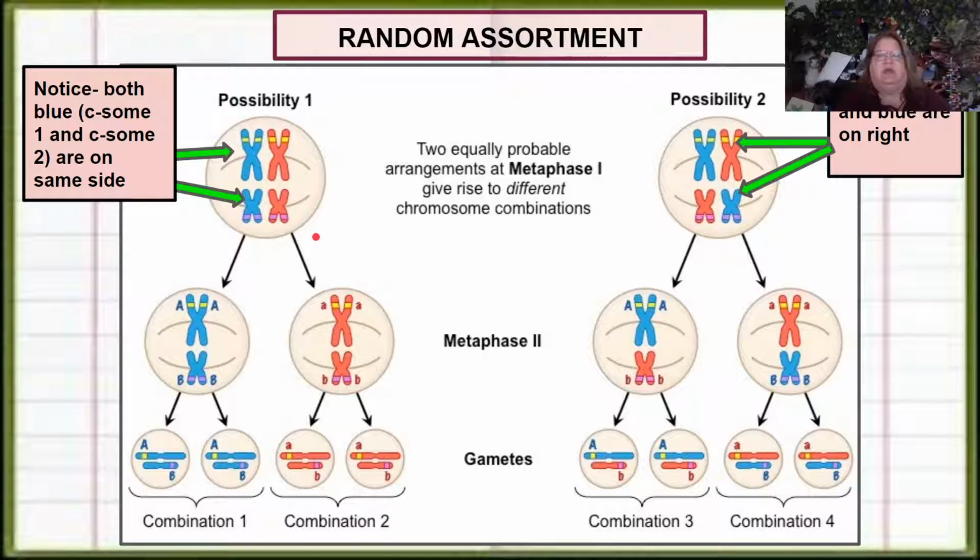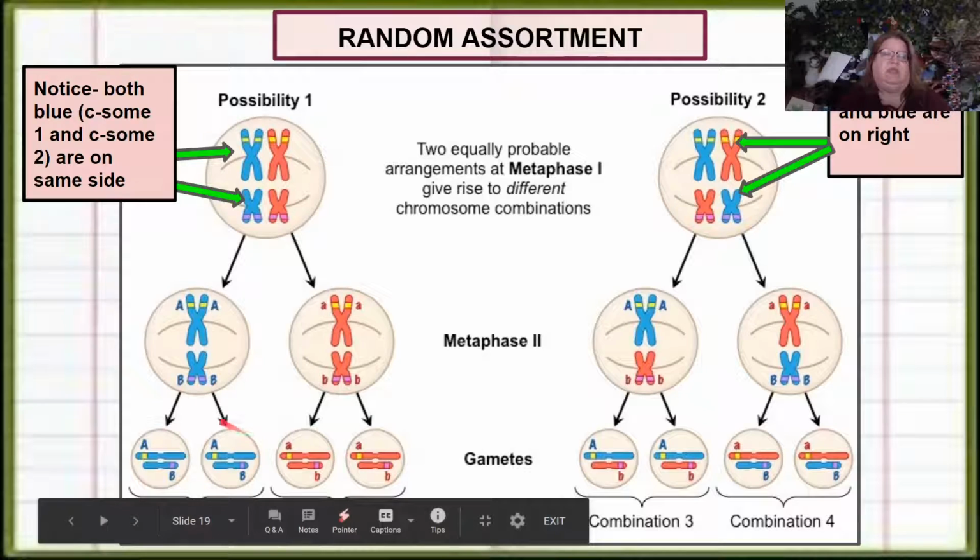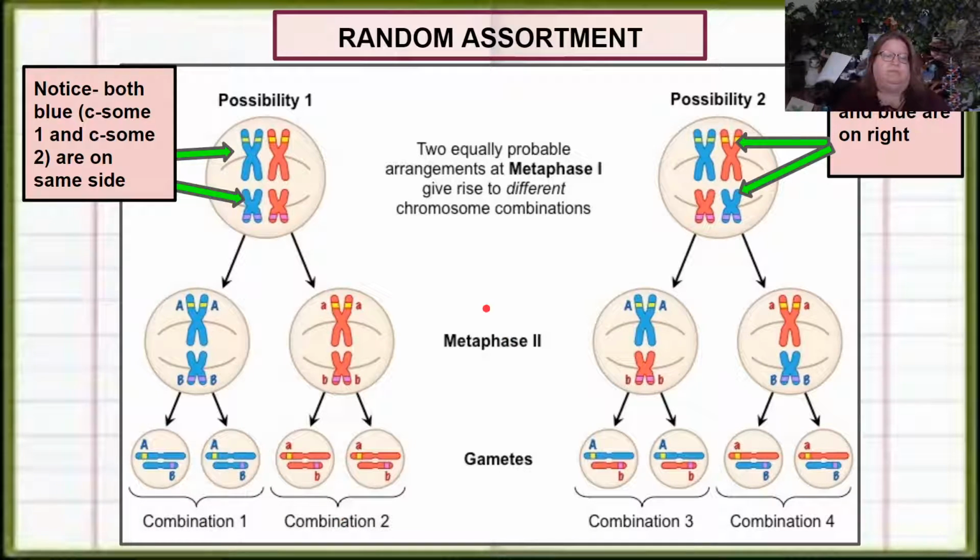And notice how you have two possibilities here. You have the blue chromosomes lined up on the left and the red lined up on the right. Over here, possibility 2, you have a blue and a red, and then a red and a blue. That means that the gametes that you make are going to be ever so slightly different, and then that gives rise to slightly different offspring.